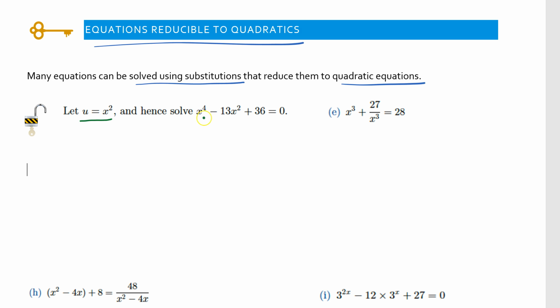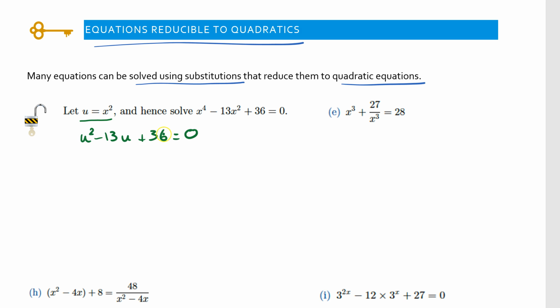It looks vaguely like a quadratic, and if I can see that I have something squared and something and maybe some constants, then I've got a quadratic. So the key bit is to realise that x to the fourth is x squared squared. So if I let u equal x squared, that gives me u squared minus 13u plus 36 equals 0.